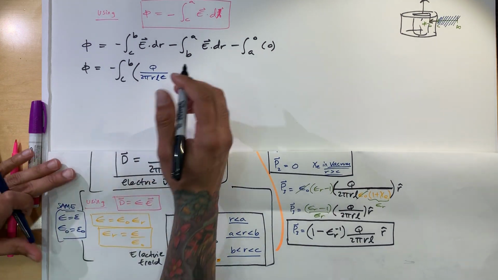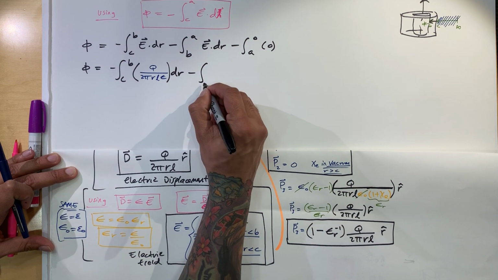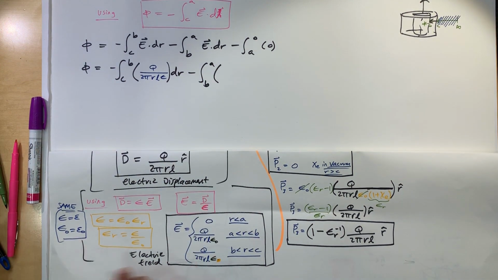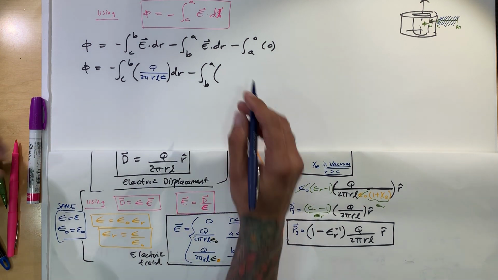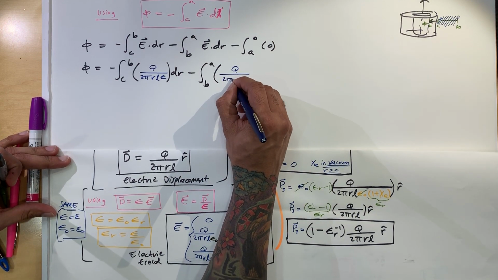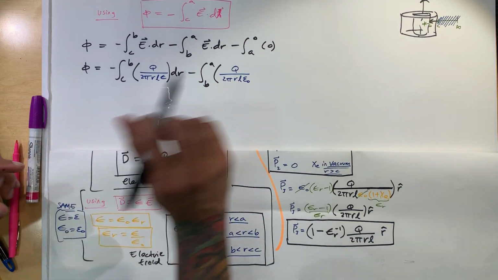All right, and that is dotted with dr minus B to A. The electric field in the region from A to B is here. We have epsilon naught. So Q over 2 pi rL epsilon naught.